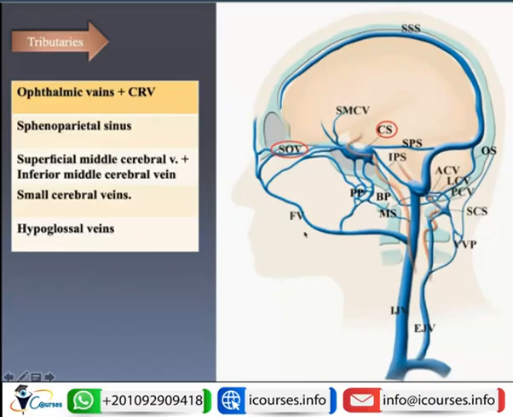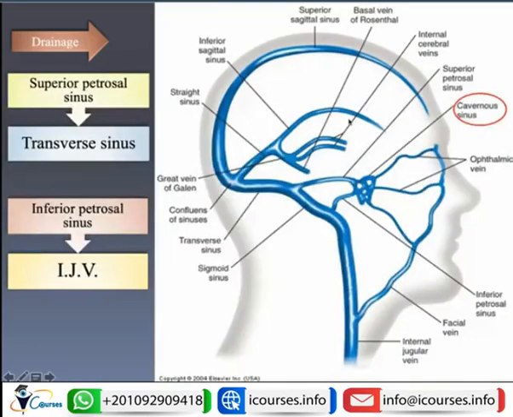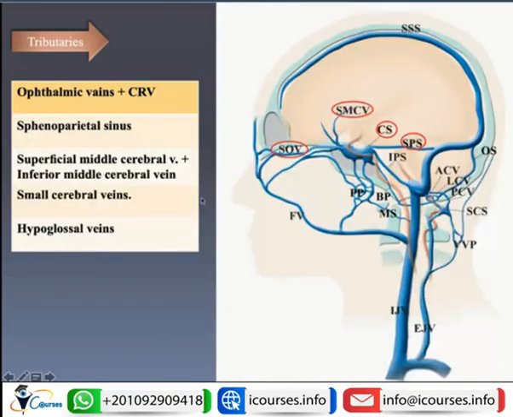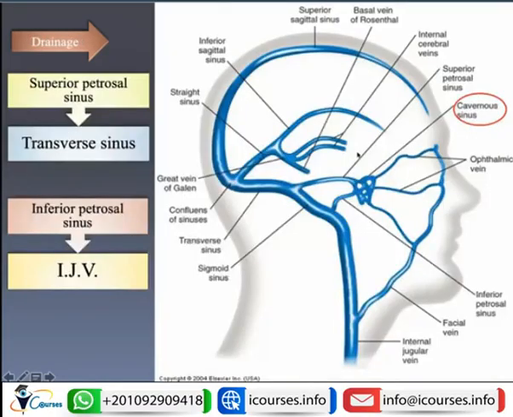Then the superficial middle cerebral vein and the inferior middle cerebral vein will also drain into the cavernous sinus, along with the sphenoparietal sinus. Here is the sphenoparietal sinus and the superficial and inferior middle cerebral veins. And there are some small cerebral veins and hypophyseal veins that also drain into the cavernous sinus.